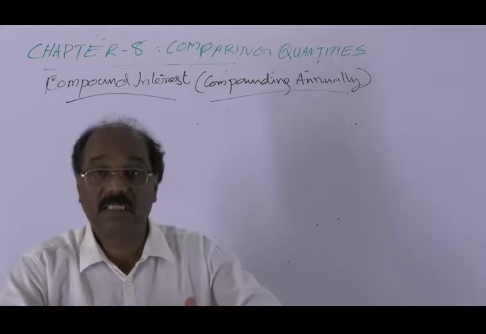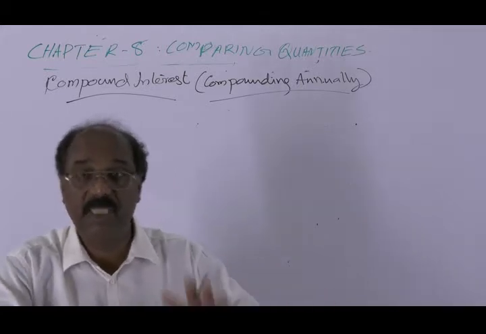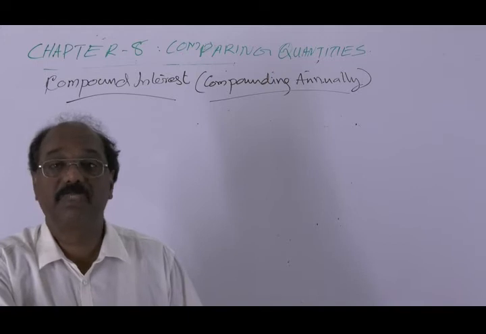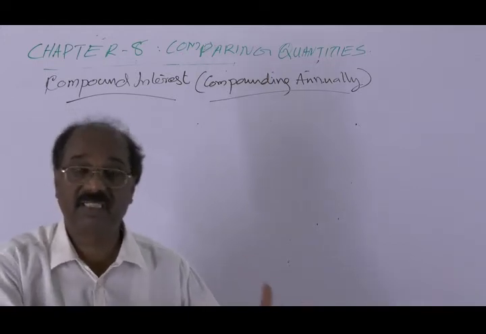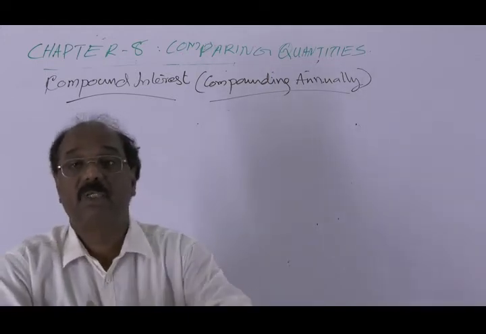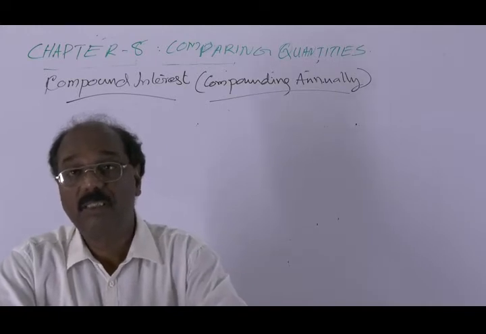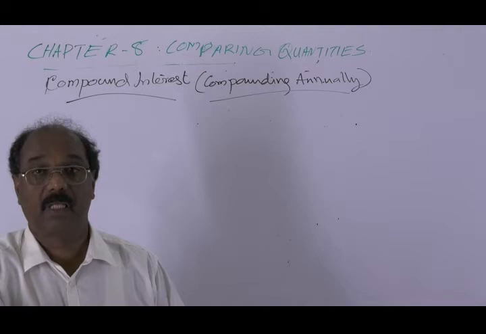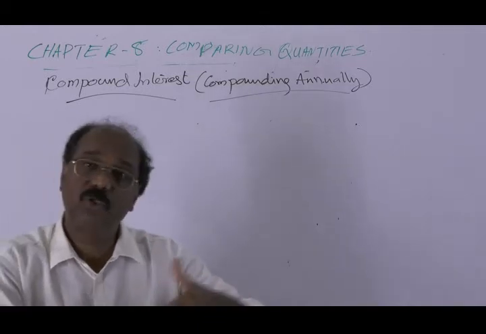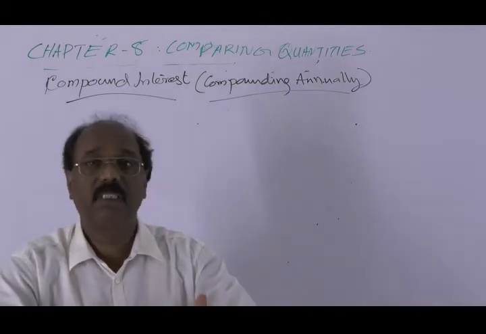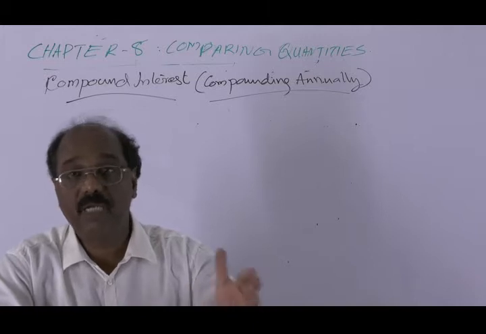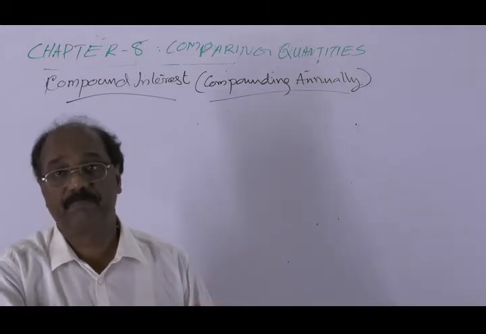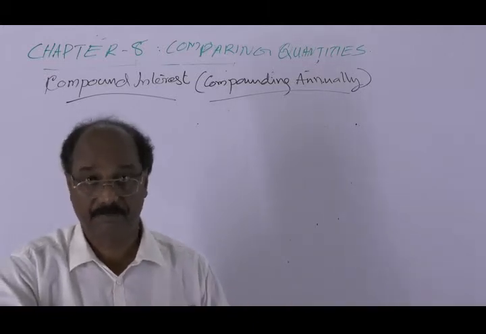Thus, interest on the previous interest will be obtained. The previous interest also will be taken into consideration for the interest calculation. This is continued for the period of the deposit.